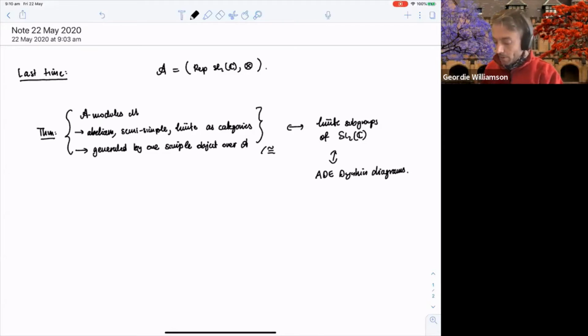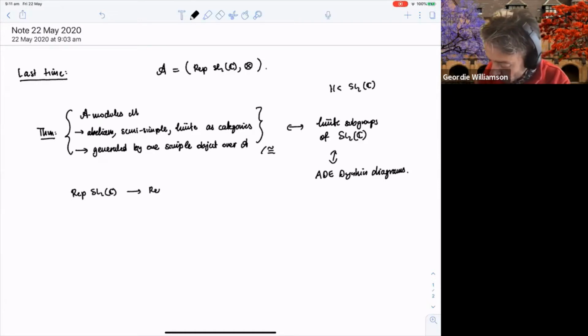And we had a number of very interesting questions. One of them is, how would you guess such a thing? Another interesting question was Emily's question, where she noticed that for a finite subgroup H inside SL2C, we have a tensor functor from Rep SL2C to Rep H. And it turns out that all module categories for SL2C are of this form.